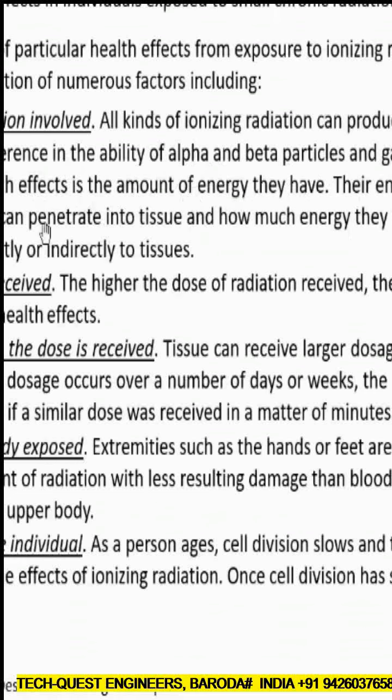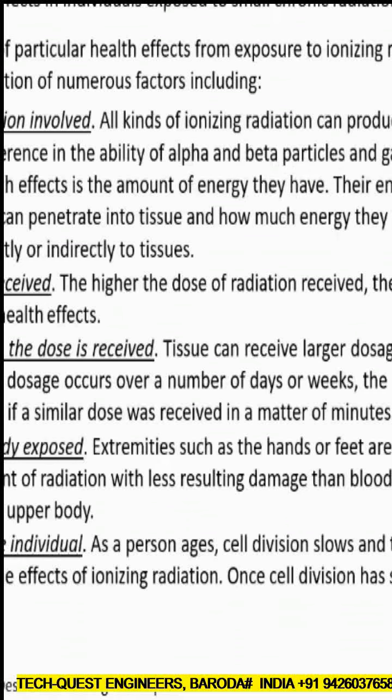Their energy determines how far they can penetrate into the tissue and how much energy they are able to transmit directly or indirectly into the tissues. Because alpha cannot penetrate the first skin layer, we are happy. Beta can penetrate up to 1 or 2 mm of skin layers, but then again its energy reduces and it doesn't get transmitted. So still we are happy.